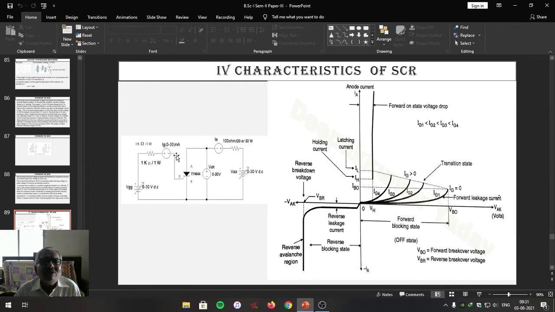Now we have, for different constant values of gate current, different anode to cathode voltages and anode currents. Then plot the graph of anode current versus anode to cathode voltage at constant gate current.